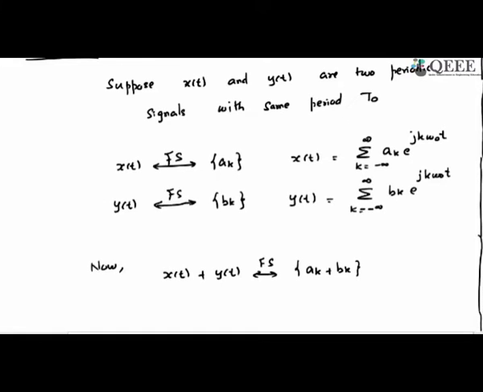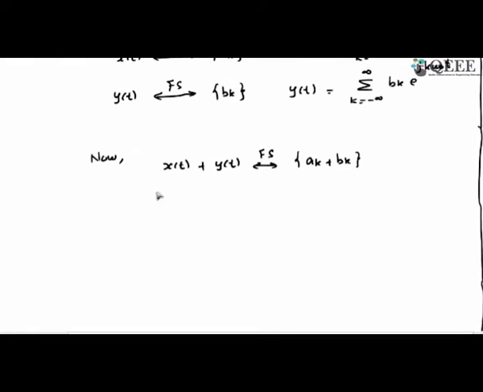So x of t has Fourier coefficients ak, y of t has Fourier coefficients bk, and if I add the two signals, the Fourier series of the sum is nothing but the sum of the Fourier coefficients. So ak plus bk will be the Fourier series coefficients for the signal x of t plus y of t. It holds more generally: alpha times x of t plus beta times y of t has Fourier series coefficients alpha times ak plus beta times bk.